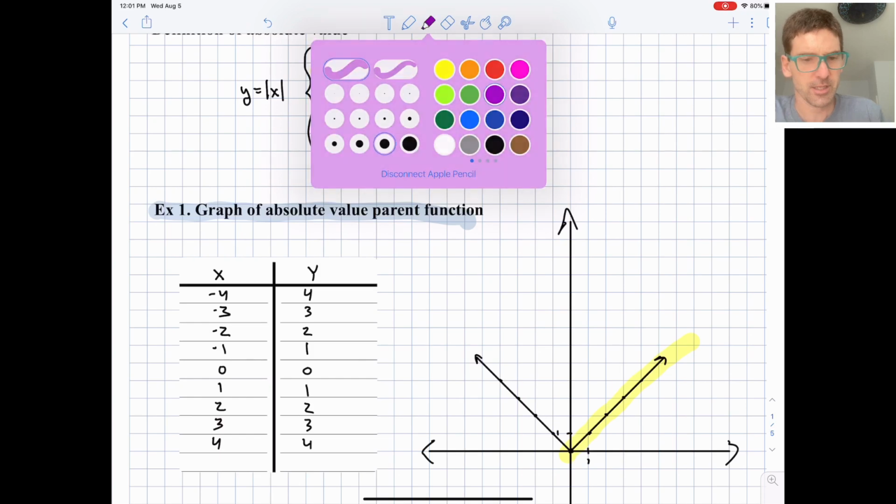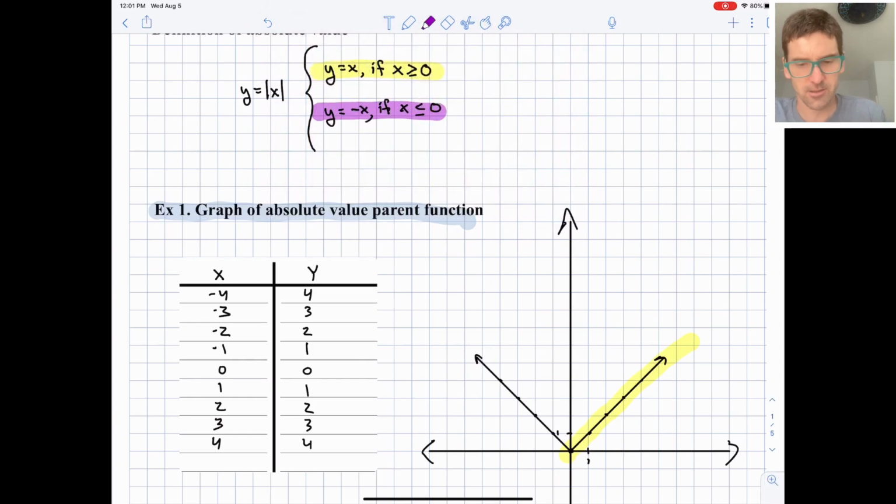And then separately, if x is less than or equal to 0, y is equal to negative x. So we have that line right there. And so you can see that the 0, 0 point falls on both lines. Okay? So our absolute value function is always going to look like some sort of a v. It might be squished or stretched or moved around or maybe even flipped upside down, but it'll always look like some sort of a V type shape.